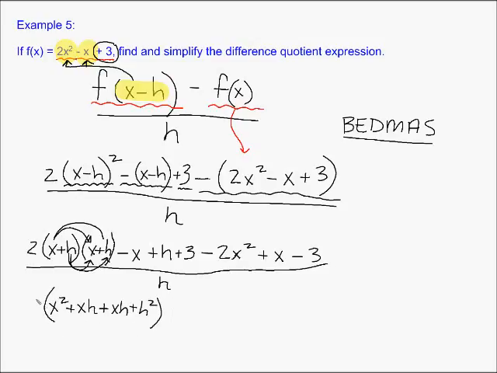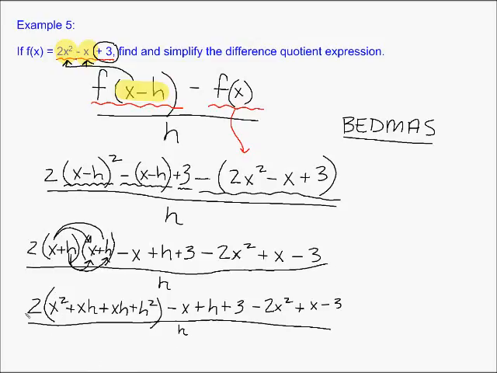Still all within brackets, not quite done yet because of this 2, but I can just write down the rest of this, and I make sure that when I do that I am very focused on not making a typo mistake all over h.